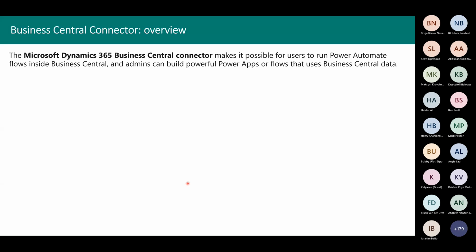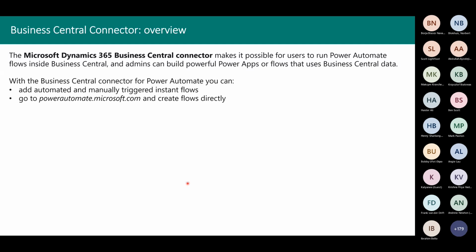My focus will be on Power Automate. The Business Central connector with Power Automate permits you to create automated or manually triggered instant flows, and you can do that directly from the user interface of Business Central today.